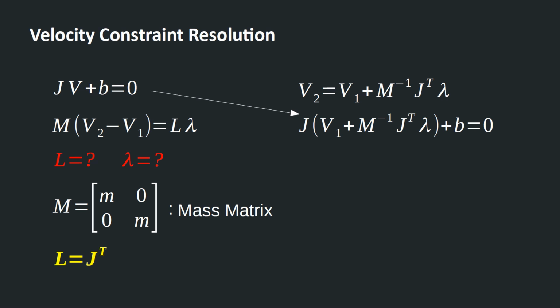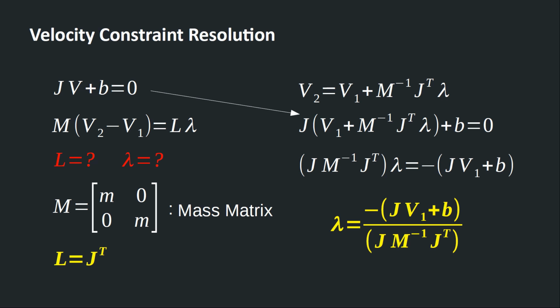And now we can collect the terms to have an equation which is something multiplied with lambda equals negated JV1 plus B. This term on the right is basically plugging V1 back into JV plus B and then negating the entire term. So we now have a final expression for lambda, which is negative JV1 plus B, divided by J M inverse J^T.